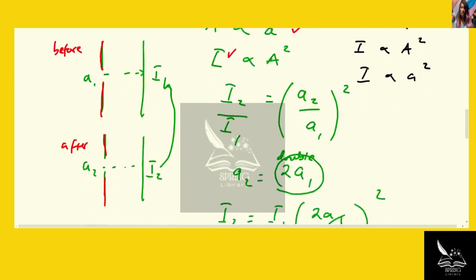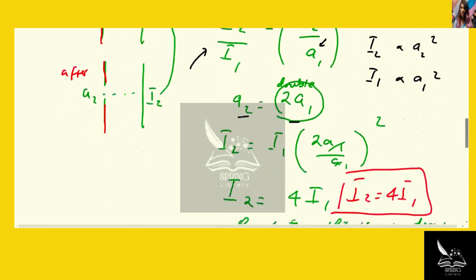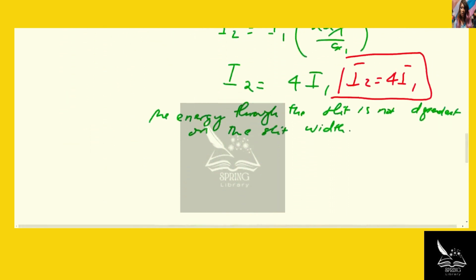That's why, if we're relating two slit widths, A2 and A1, it's the same as relating the squares. I2 would be proportional to A2 squared, and I1 would be proportional to A1 squared. Since A2 is twice A1, you're doubling the slit width. If we simplify the problem, we see quantitatively that it's true.